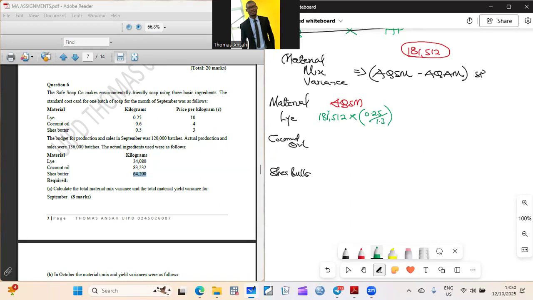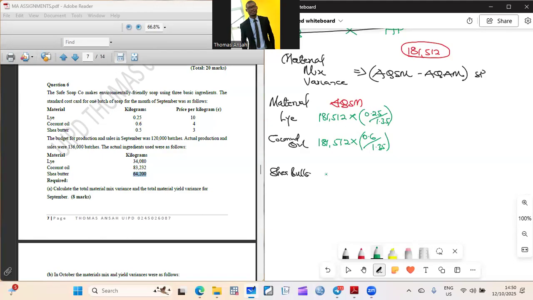So continue. What do you think the coconut will be? It's 181,512 times the proportionate SM. That will be 0.6 over 1.35. So that is what you are doing.